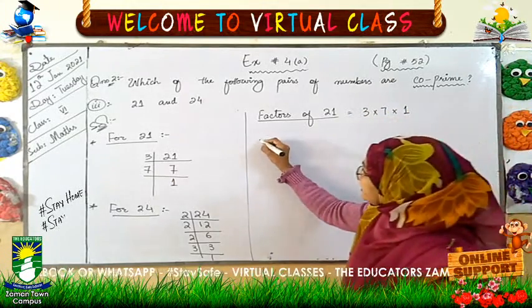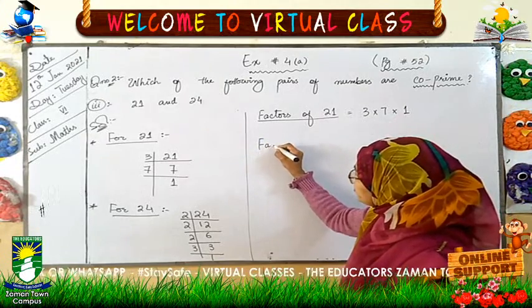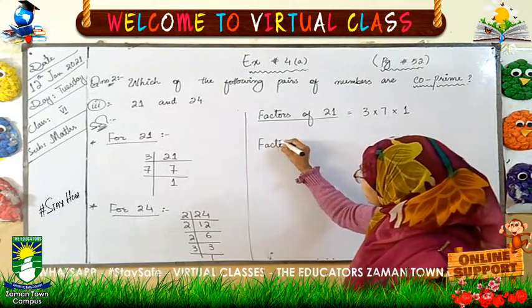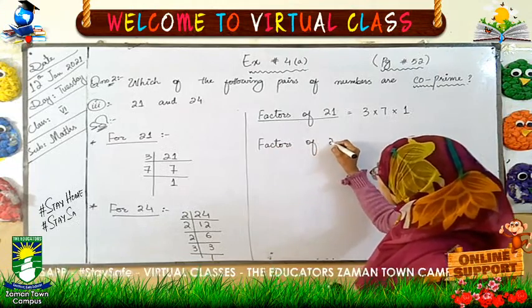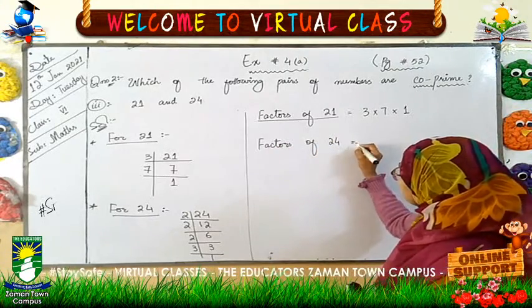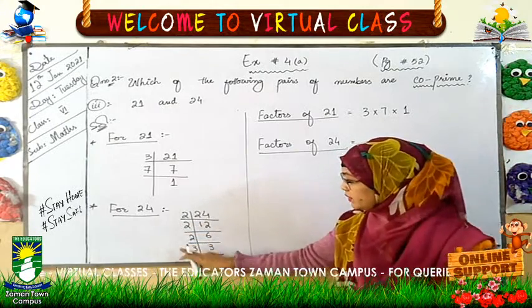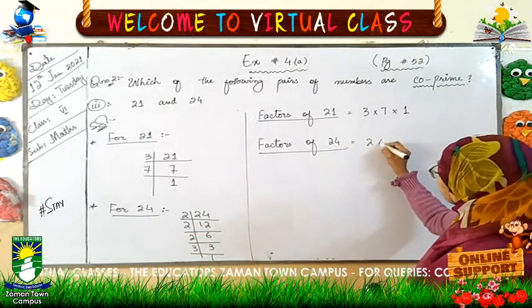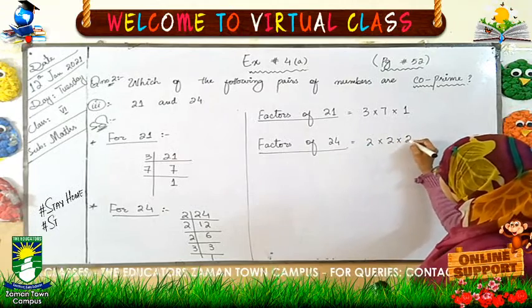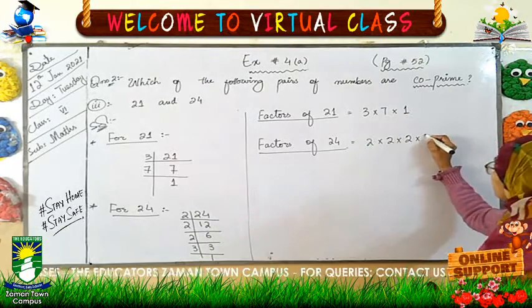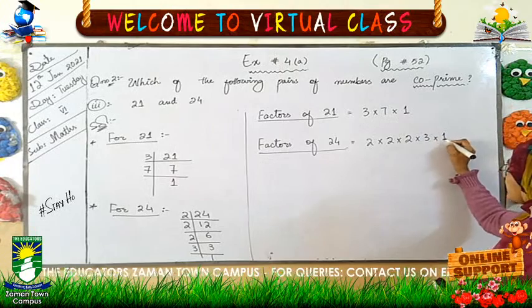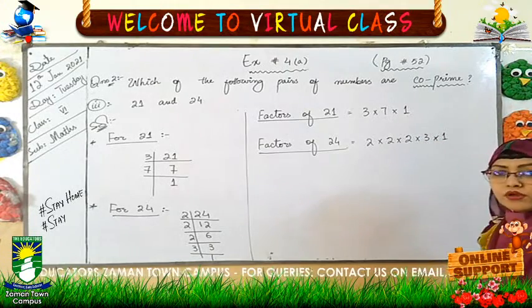Then we have the factors of 24, which is equal to 2 multiplied by 2 multiplied by 2 multiplied by 3 multiplied by 1. These are the factors of 24.